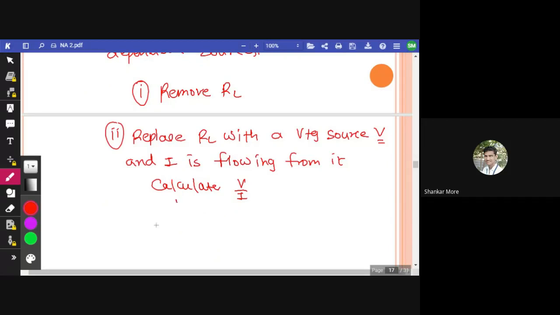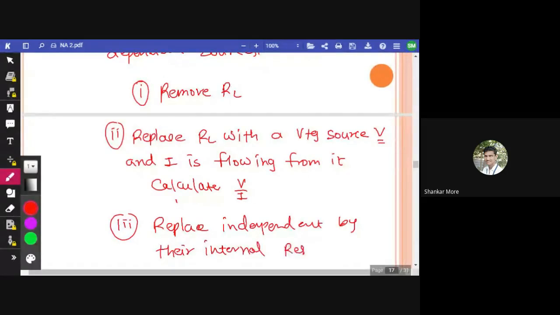The third step, it should actually be second step, but I'm writing third now: here also we have to replace independent sources by their internal resistances.